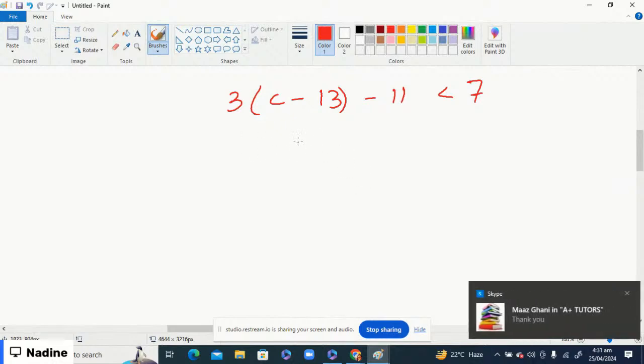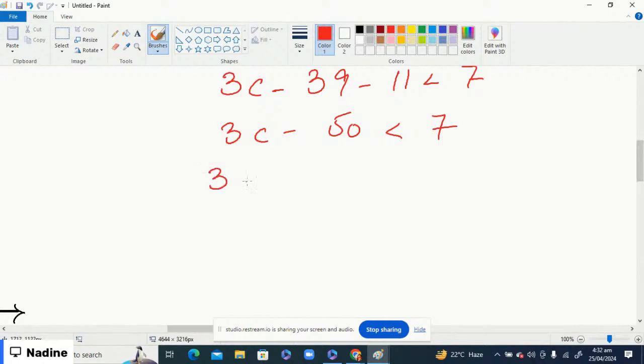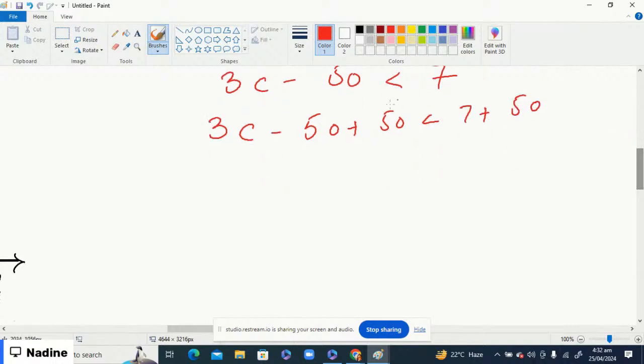So multiply 3 with what's inside the bracket. First solve these two. Adding 50 to both sides. So 3c is 57.